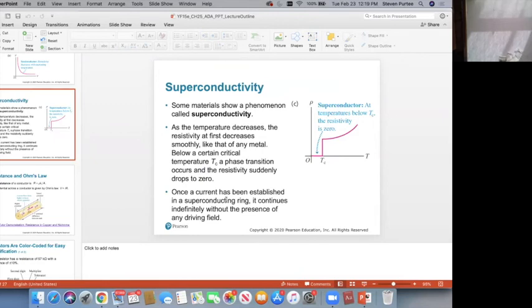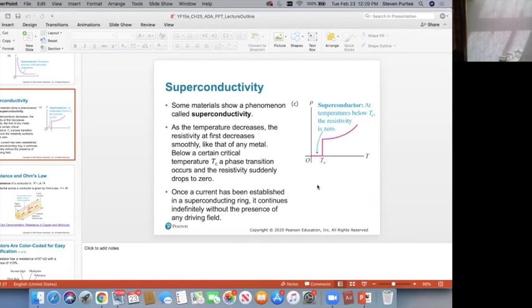This is not some theoretical limit. This is not like a math game we play. A lot of times in a physics class, you approximate a chicken as a sphere, the whole spherical chicken thing. This is not an approximation. Superconductors are real materials. You can buy them. And below some critical temperature, you literally get infinite conductivity, zero resistivity.